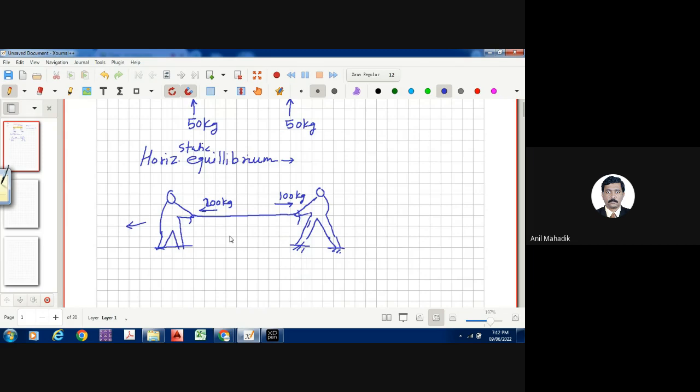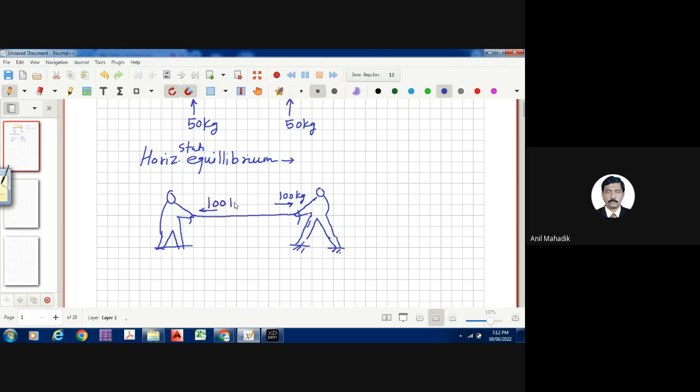In a similar way, if this is 200 and this is 100, then this person will pull the other person to the left side, and in that case we cannot say that it is equilibrium. So for this system to be in equilibrium, this force also should be 100 kg.